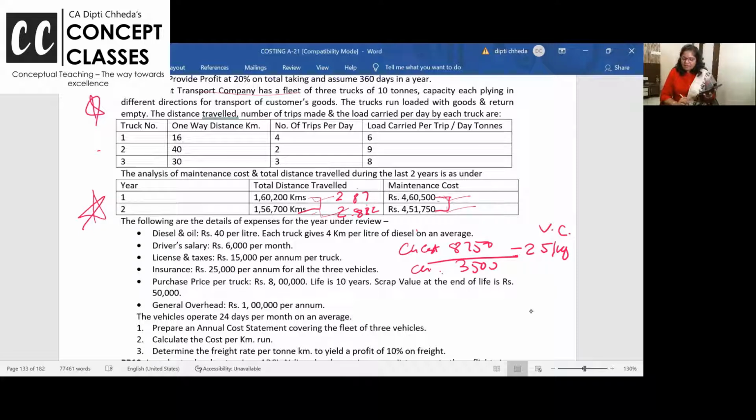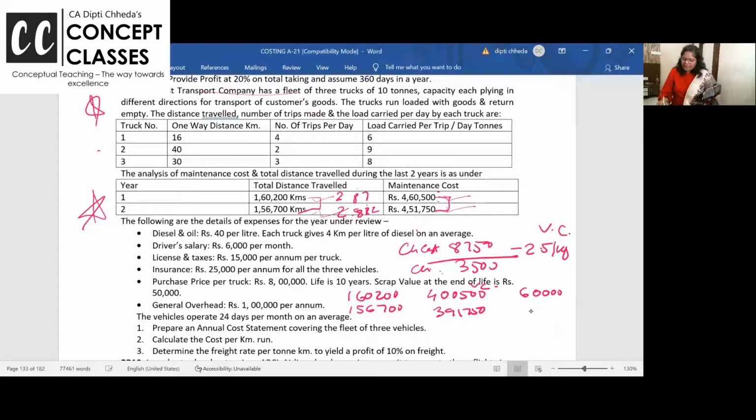Did you understand? Now 160,200 kilometers into 2.5 is the variable cost. So what is the fixed cost? 60,000, because the total is known. Now 156,700. Pause the video, take the figures, and work out this concept in your notebook with me. 156,700 kilometers multiplied by 2.5 is 391,750, which is the variable cost, plus 60,000.